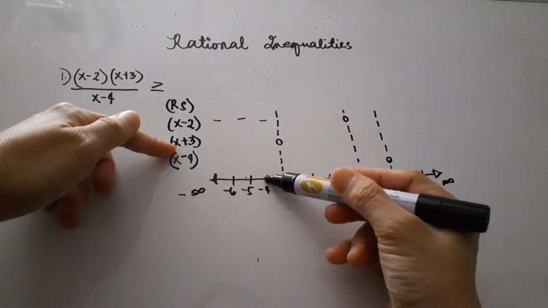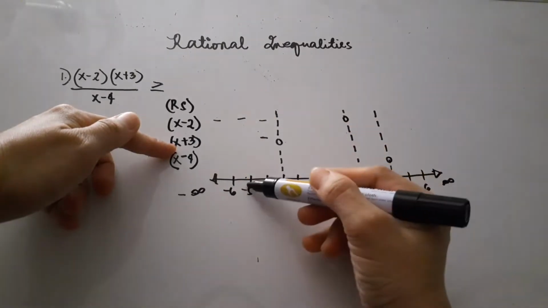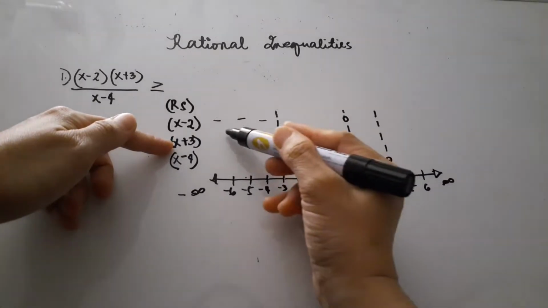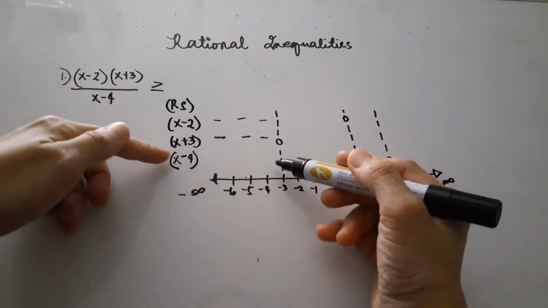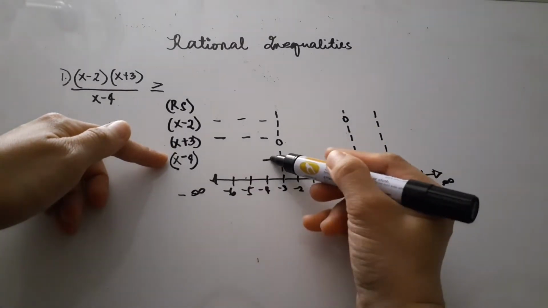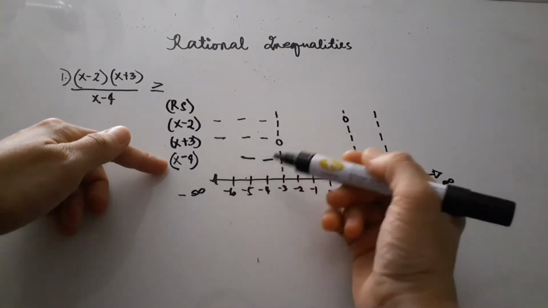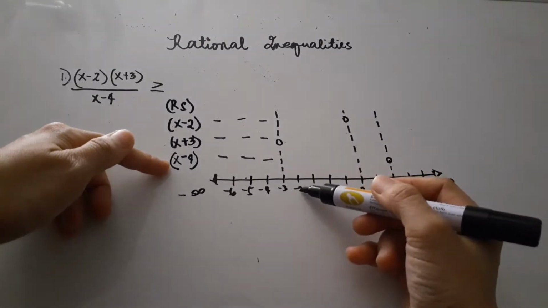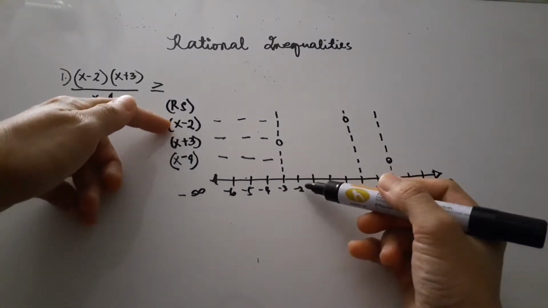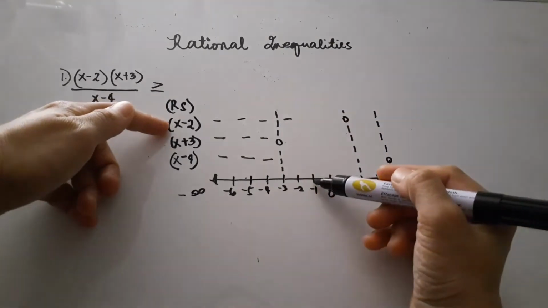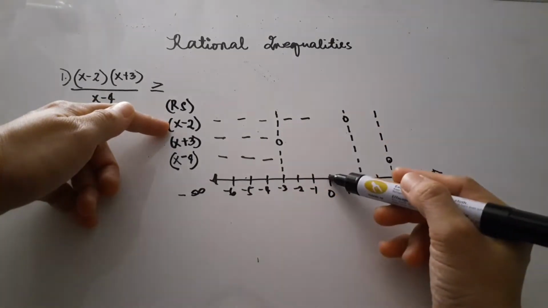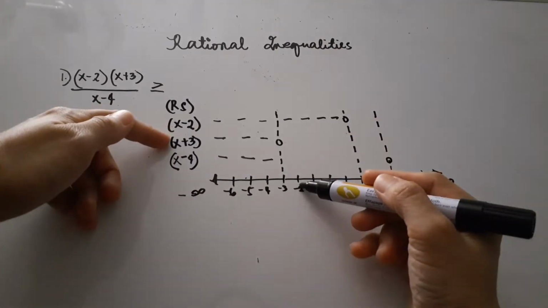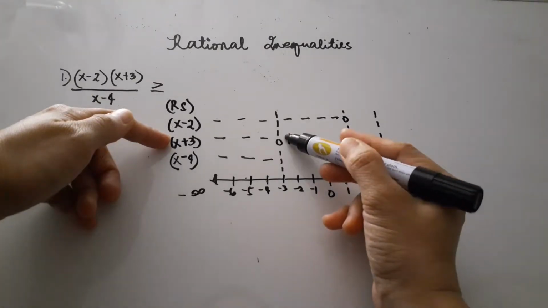Negative 4 is the largest value, so we can use the negative sign. And for x plus 3, negative 4 plus 3 is negative, and so on, all negative here. And for x minus 4 in the next intervals, negative 1 plus 3 and positive 1 minus 2 are negative.